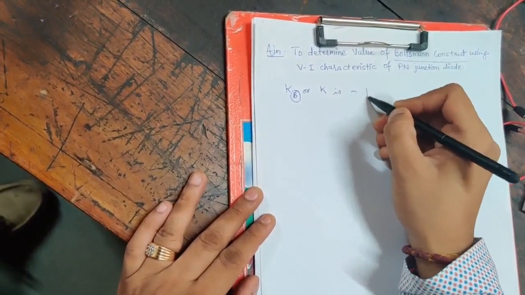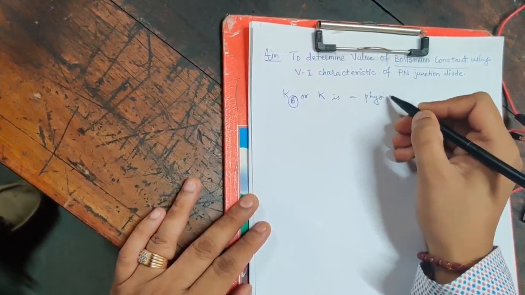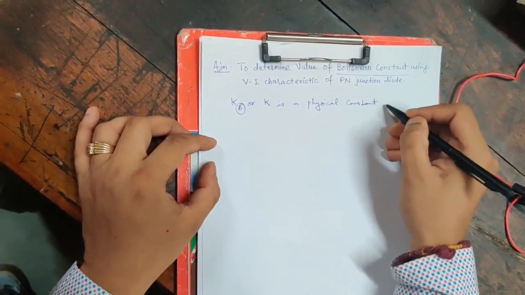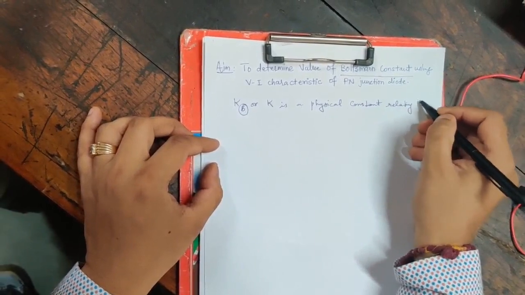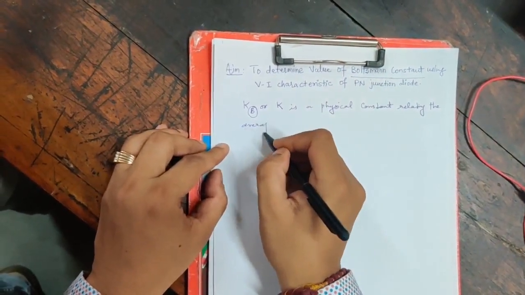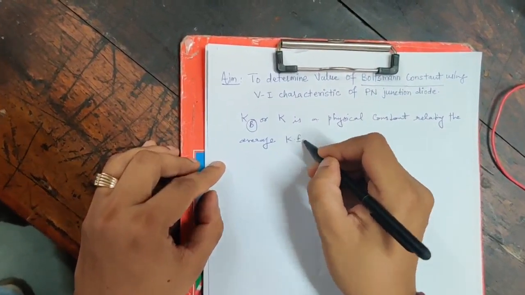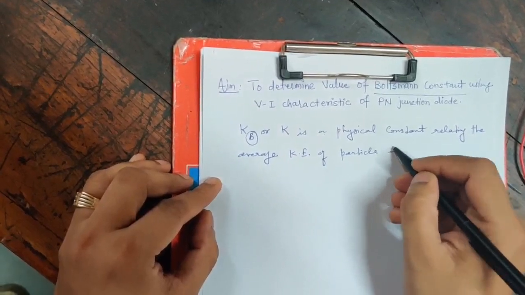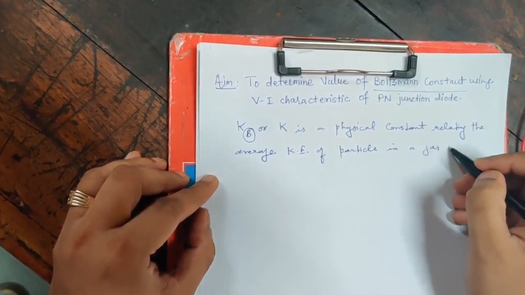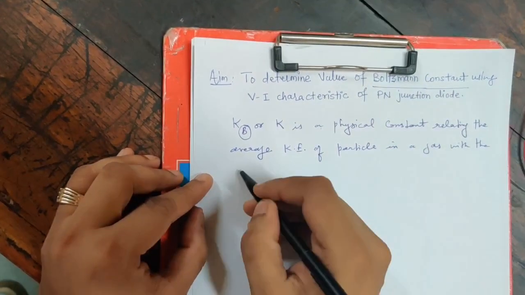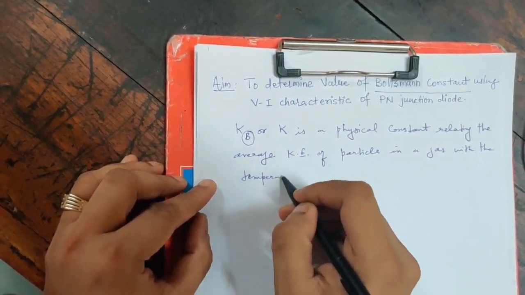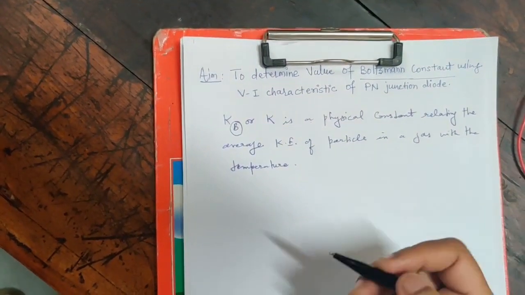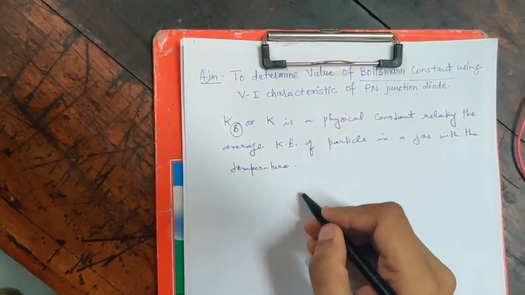It is a physical constant relating the average kinetic energy of a particle in a gas with the temperature.